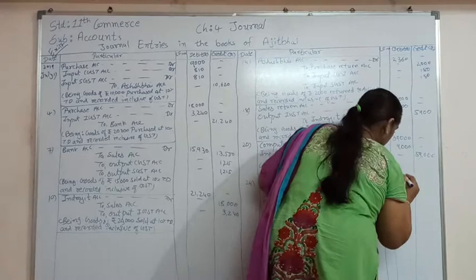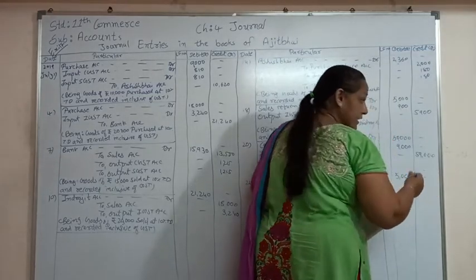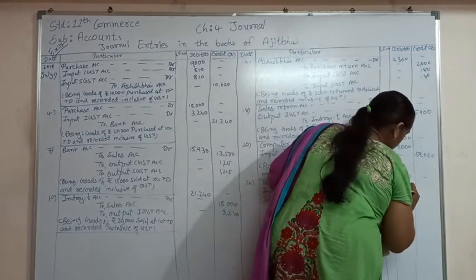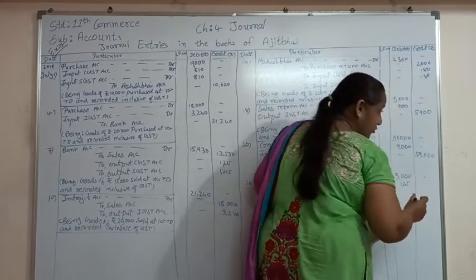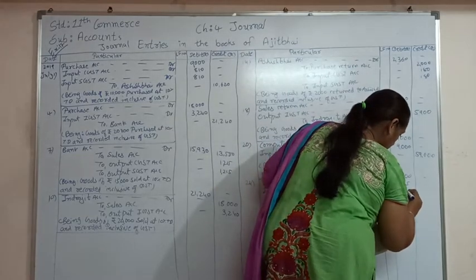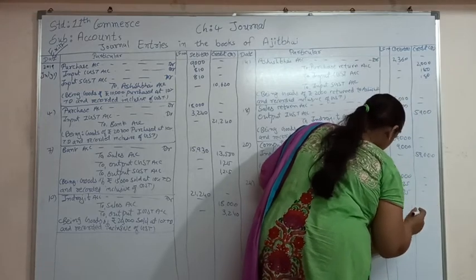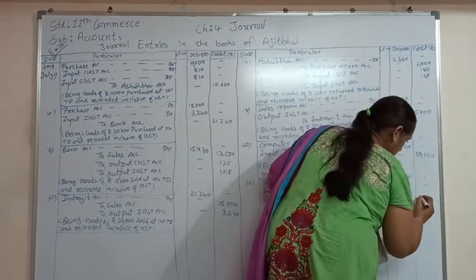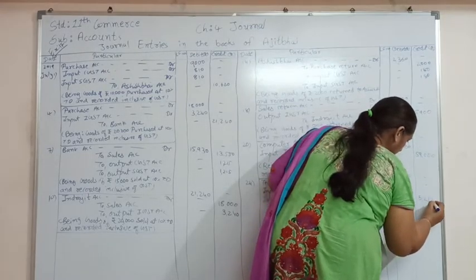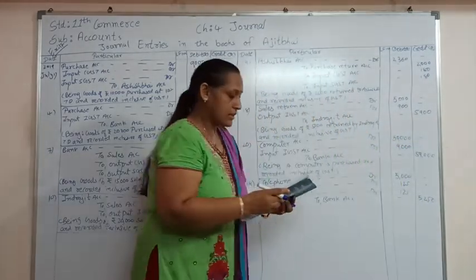The telephone bill of rupees 5,000 is a service, so on service the tax is 2.5%. So 125 will be the amount of CGST and SGST each, and the total will be 5,250.